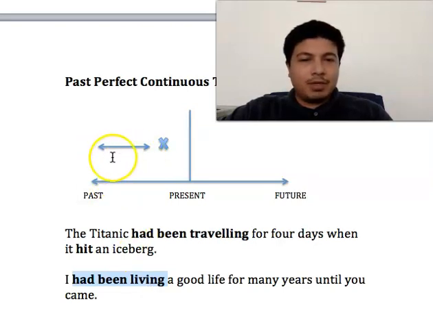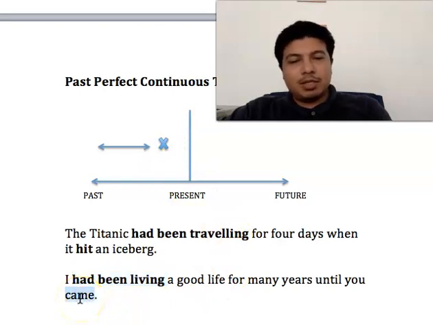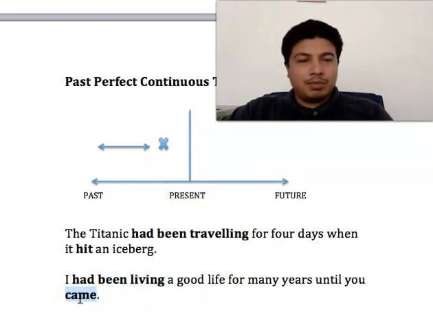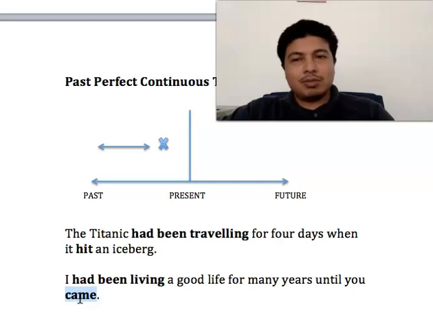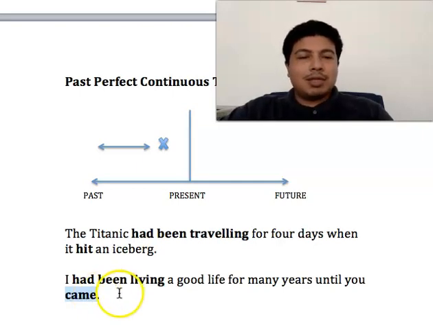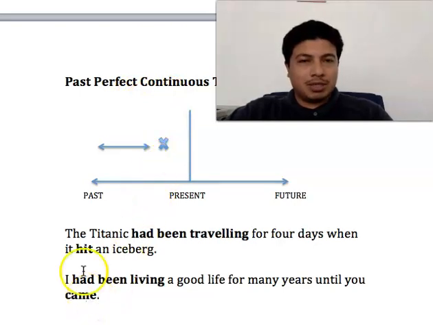So it is a progressive action. And then something else happened, until you came. So things become not as I wish, because there are a lot of troubles. So two things that happened in the past. I had been living is a continuous action, so we call it past perfect continuous. And then the other one is simple past tense.